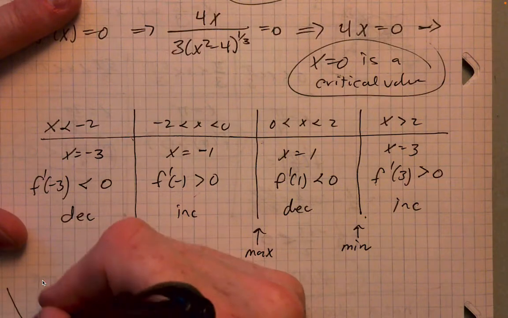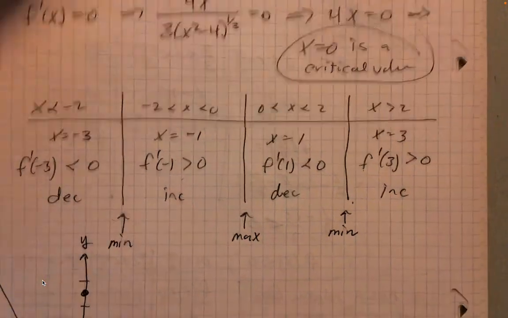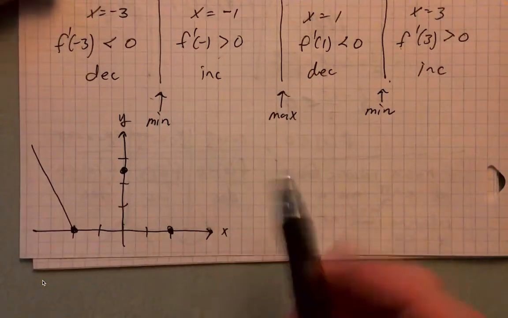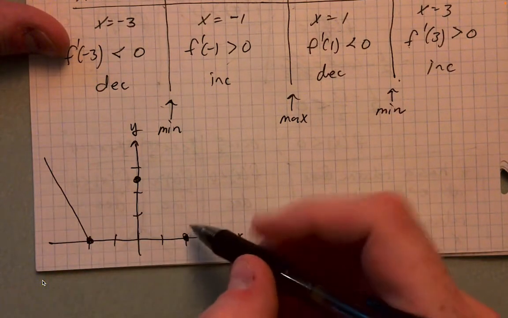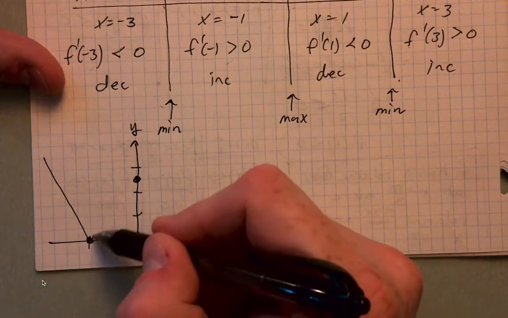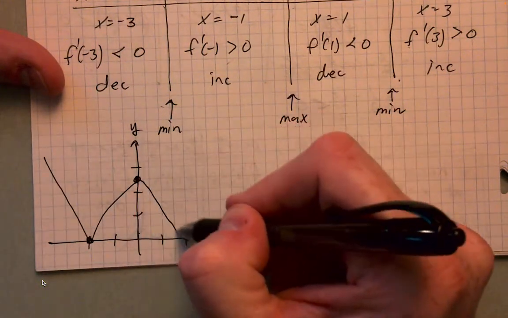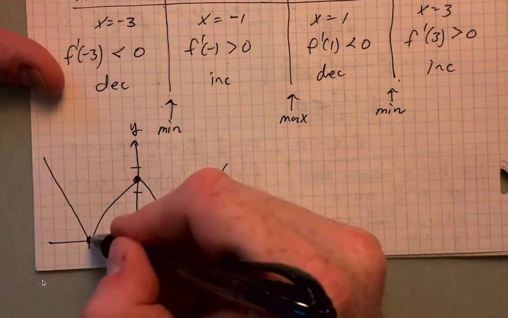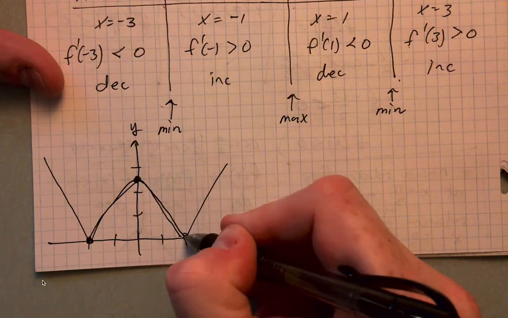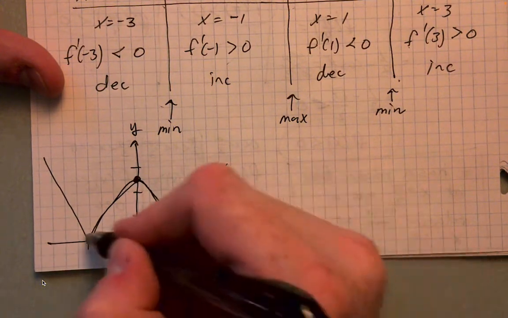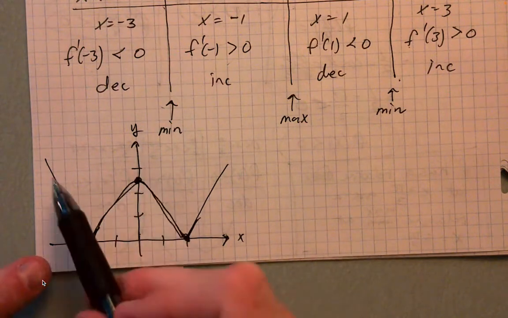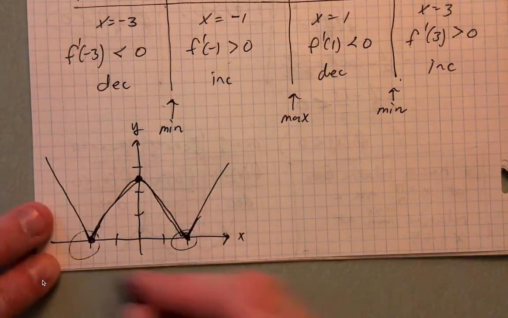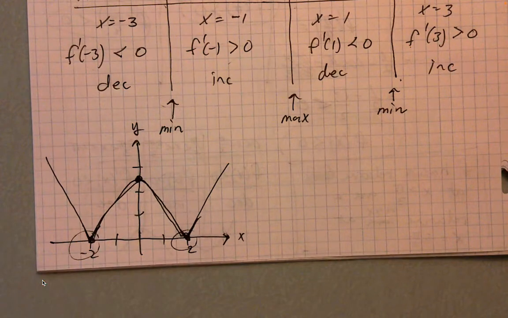So it comes down there. We know it's decreasing here, increasing here, decreasing here, increasing here. Now actually what it does is it's nice and smooth here, and then these are like hard stops. It's not differentiable at these 2 points, at -2 and +2, and so you get this kind of W shape.